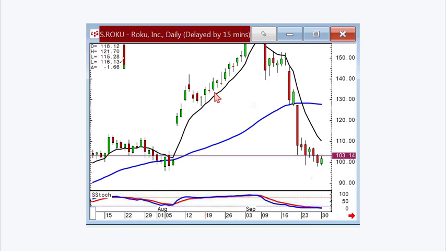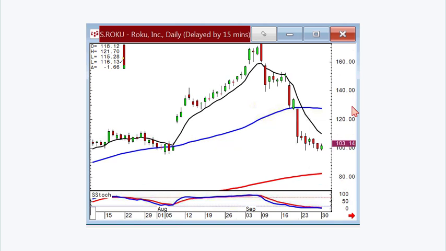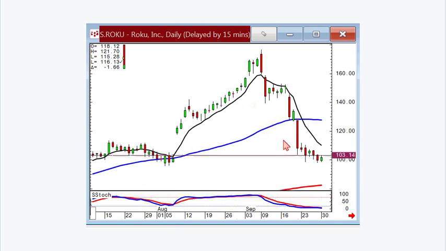Because remember what the T line is, it's a natural support of human nature. So you don't put an arbitrary limitation on something that has nothing to do with your arbitrary limitation.